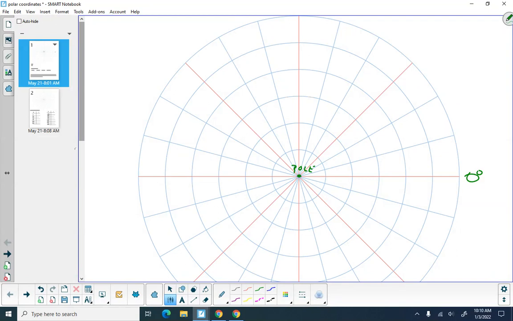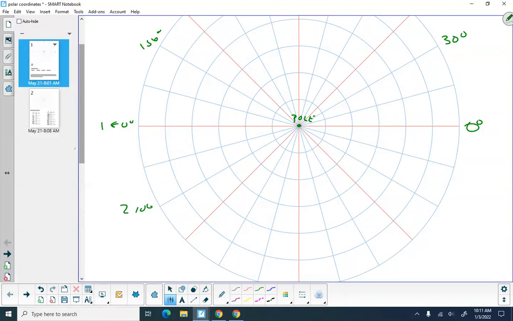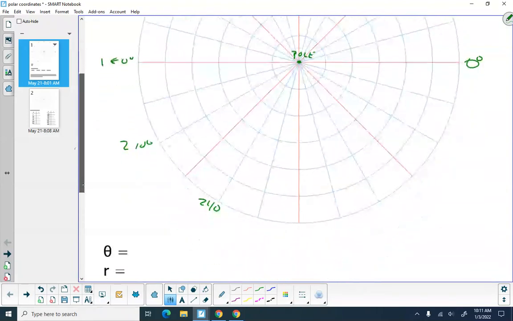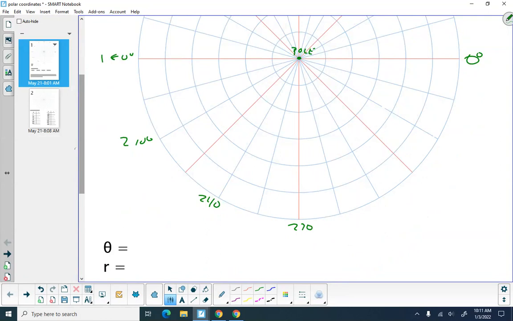We have 30 degrees, 60, 90, 120, 150, 180, 210, 240, and then we would go back to 360 degrees here. Every line there is every 15 degrees. I'm just going to mark the 30s, 60s, 90s, 120s.